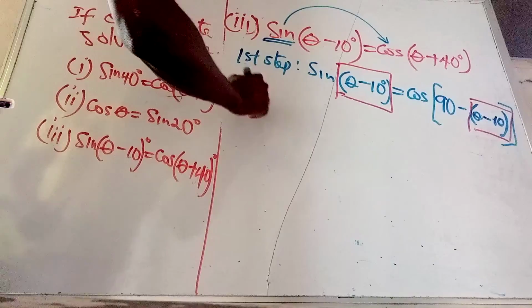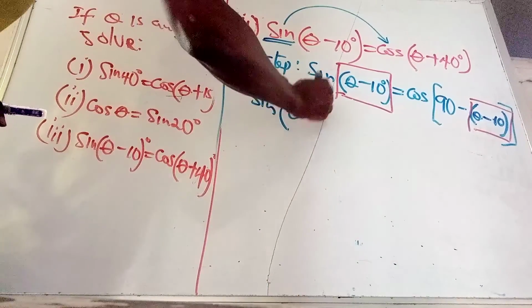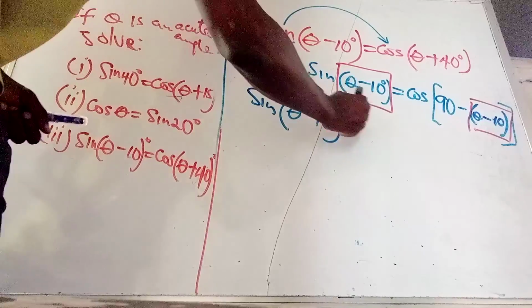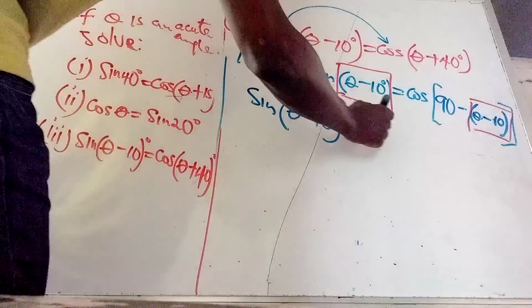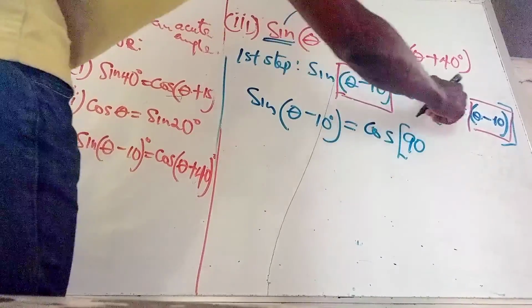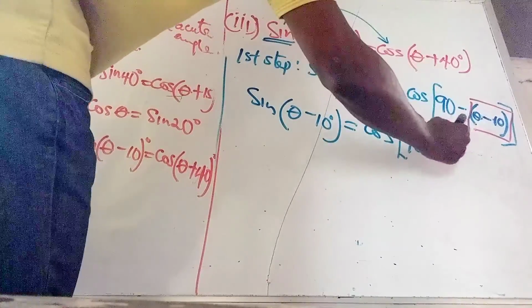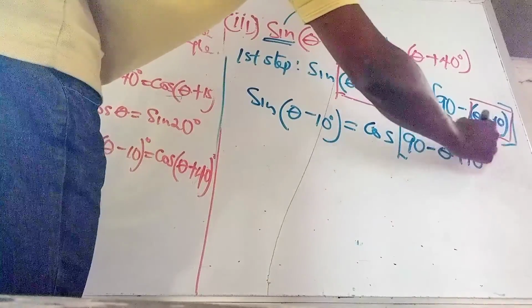So what do I have? That means sine of theta minus 10 degrees will be equal to cosine of 90 minus theta, minus times minus 10 will be plus 10.